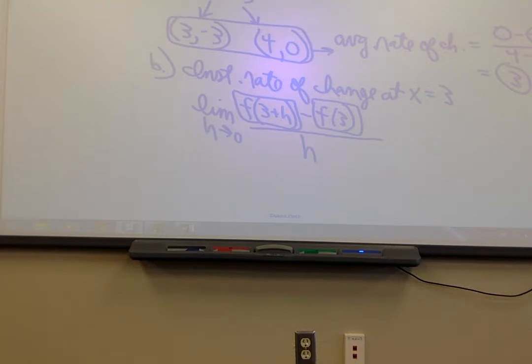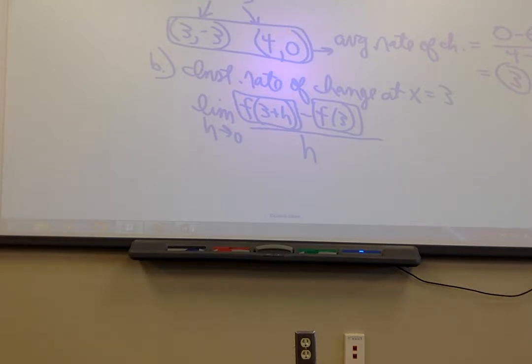Okay? You see where we got that? f of 3 plus h is here, minus f of 3 over h. I've just got to expand that out and simplify. The limit as h approaches 0. If you expand this, would you agree that 3 plus h times 3 plus h is 9 plus 6h plus h squared?